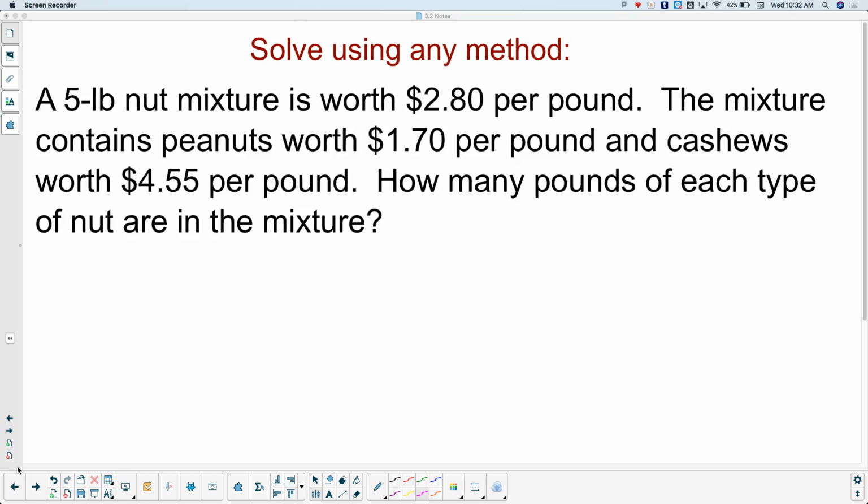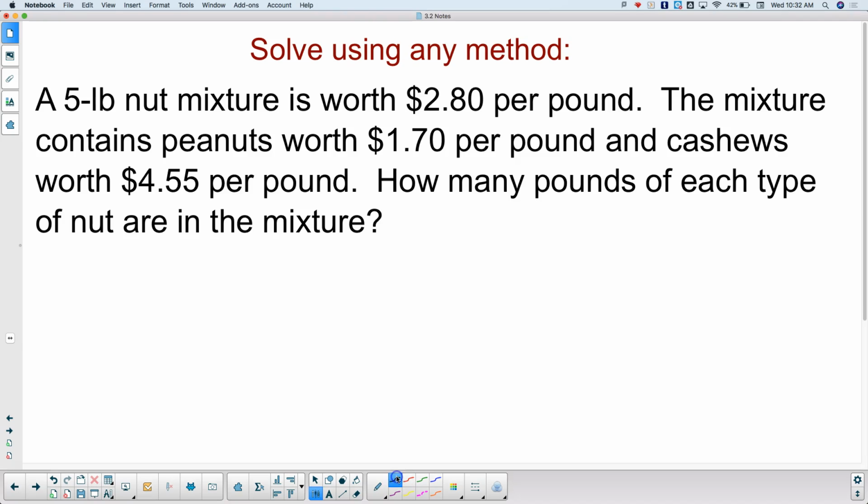Okay. So, define our variables. What do we want to define our variables as? That would be a good definition of variables. P is what? What about peanuts? Pounds of peanuts.